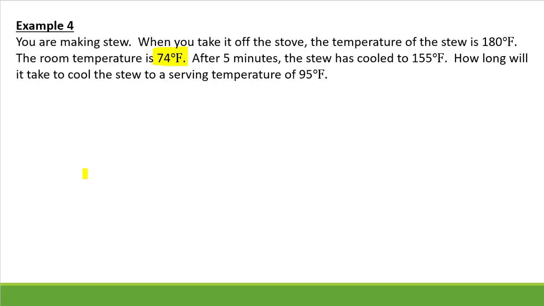So we use our differential equation. Okay, so the big T, the small t, is equal to K times T minus my surrounding temperature of 74. Okay, separate out your variables. Maybe I should use a different variable.